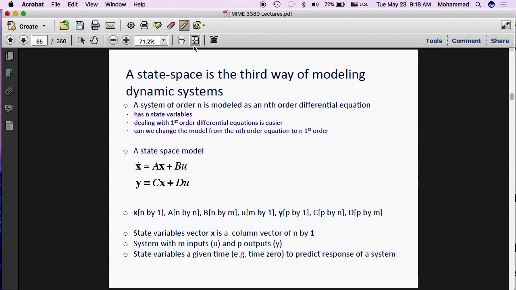So far we've talked about two approaches of modeling differential equations, and we stop once we get to the differential equations. We try to put them into a standard form and learn about the behavior of the system just by looking at the standard form of the differential equations. We talked about first order, second order, and we showed examples of both. We also talked about the transfer function as the second approach of modeling, and it was based on taking differential equations from the time domain into the Laplace domain.